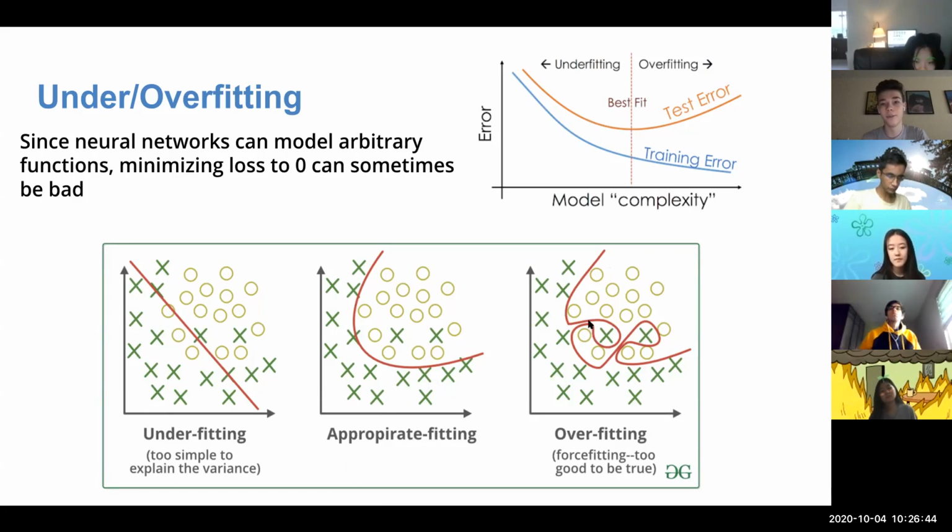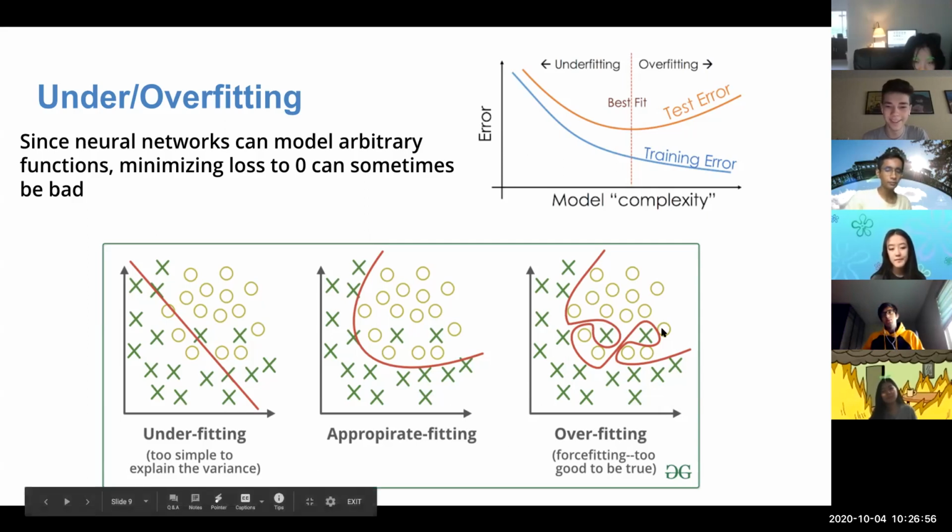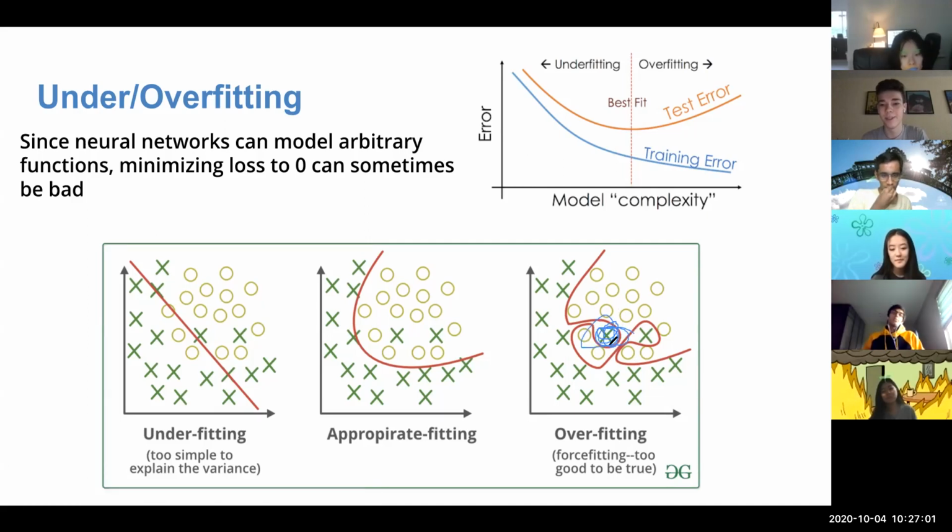Say the x in the middle surrounded by a squiggly loop is actually just an outlier, and in another data set, or in the real world, there might be a 0 there. Your model is going to get a bunch of errors in that region, and you'll see that your test accuracy actually starts decreasing at some point.